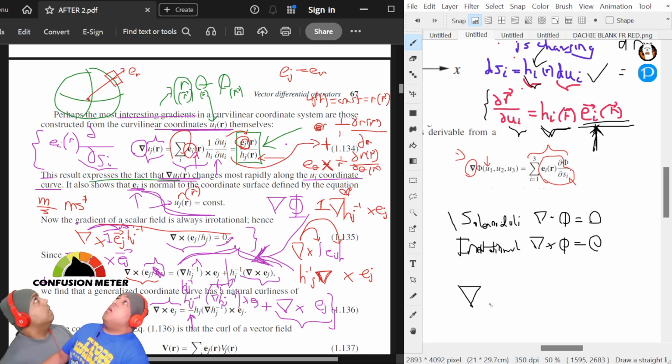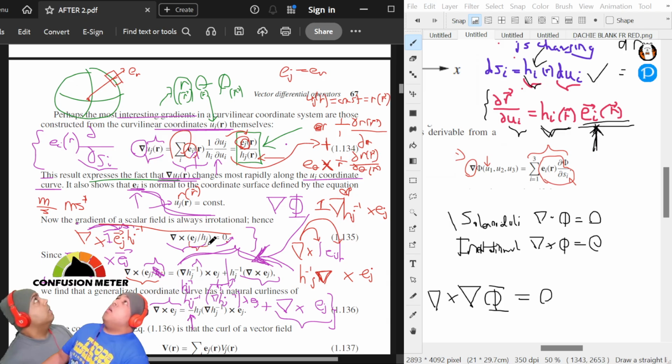Gradient of a scalar field is irrotational, which means, so we're pretending this is this here, that gradient cross gradient of this equals 0. Hence, this cross this equals 0.